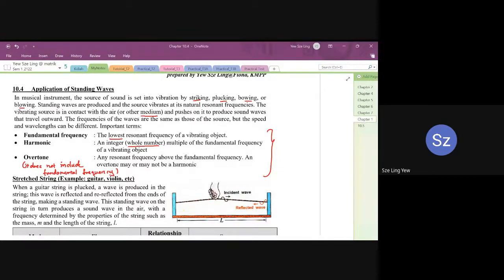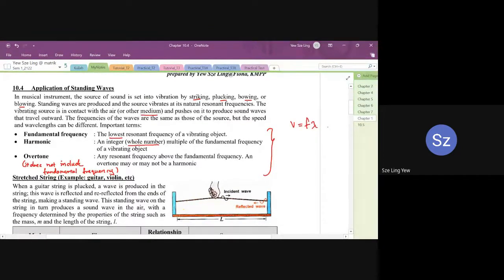Madam, can I ask why the speed and wavelength can be different from the source of the wave? The frequency of the wave is the same as that of the source, but for the speed, we have the equation v = fλ.